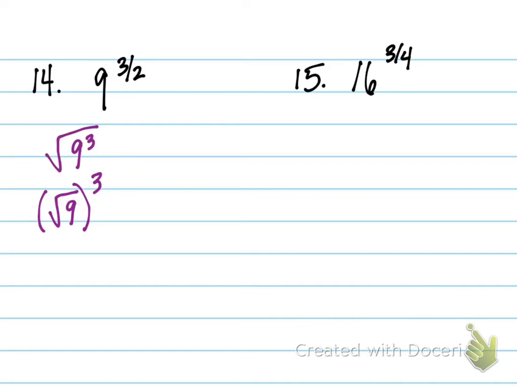Because I can take a square root a lot easier in my head than I can doing 9 cubed. So the square root of 9 is 3. I still have to write my cubed. And 3 cubed is 3 times 3, which is 9. 9 times 3 is 27. So my final answer is 27.